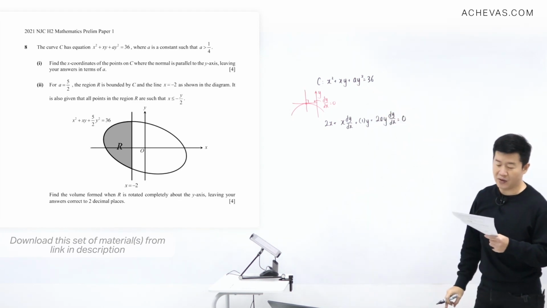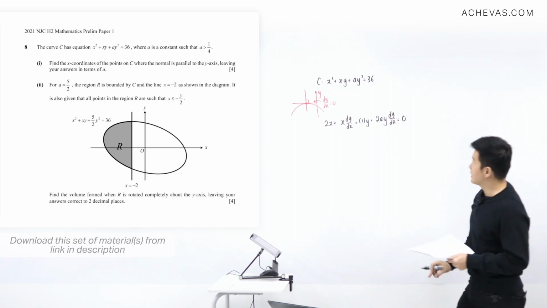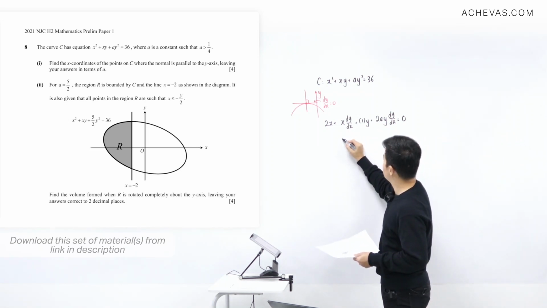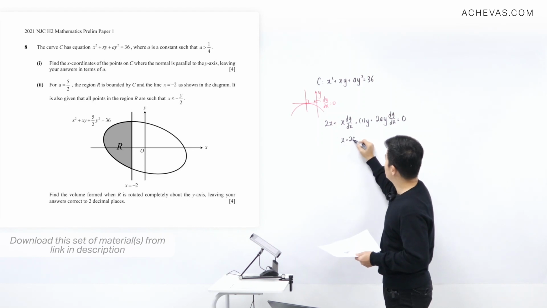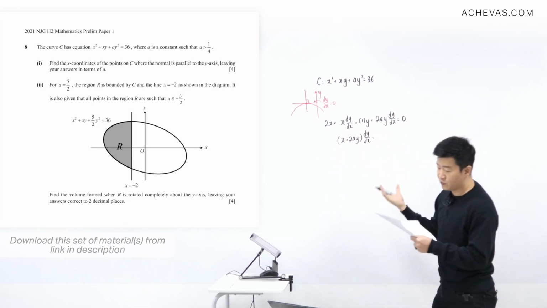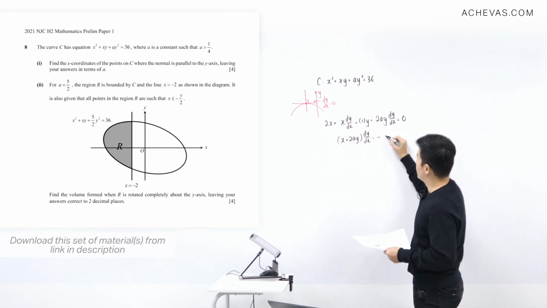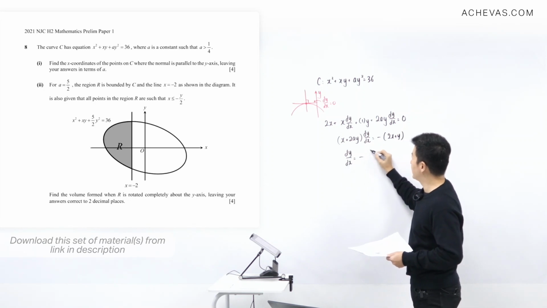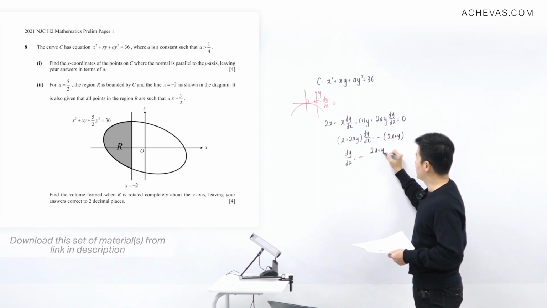We are going to make dy/dx the subject, so I'm going to combine these together. This gives me x plus 2ay multiplied by dy/dx is equal to, shifting this to the right-hand side, the negative of 2x plus y. So dy/dx is equal to negative of 2x plus y over x plus 2ay.